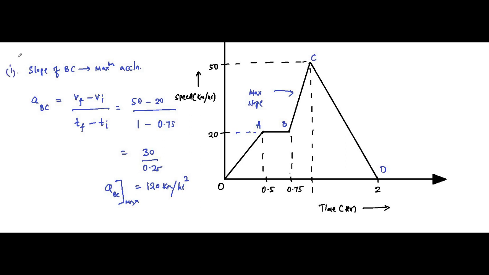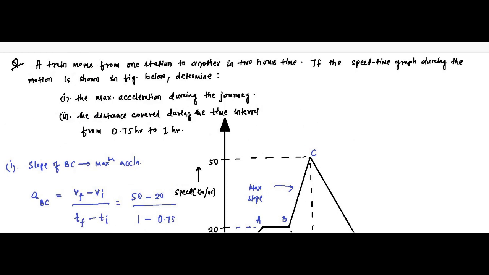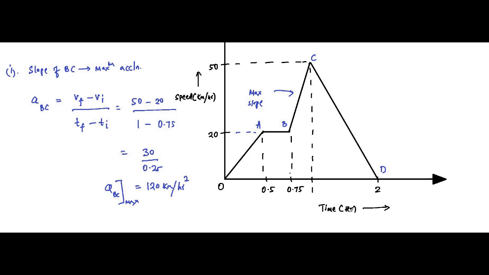Then it has been asked to calculate the distance covered during the time interval from 0.75 to 1 hour. So this is basically from here to here, the area of this portion. Basically it is the area of the trapezium.